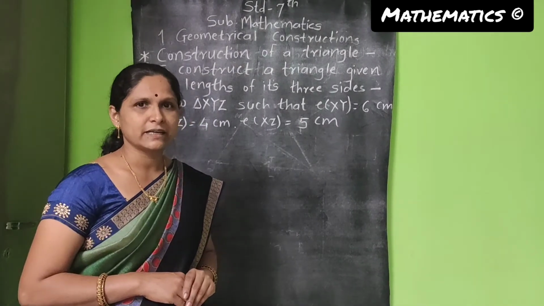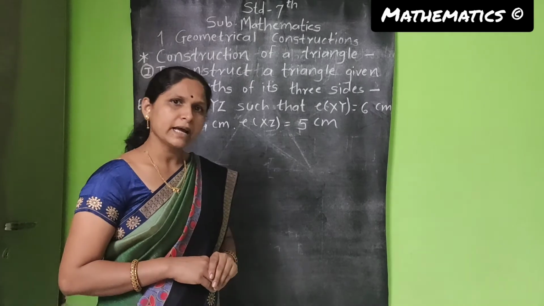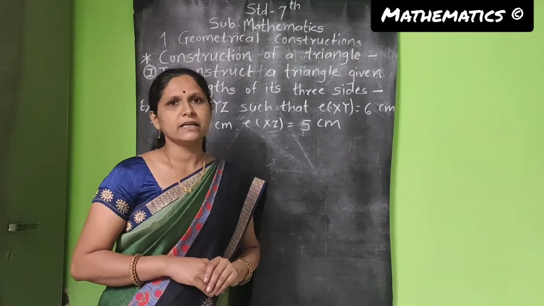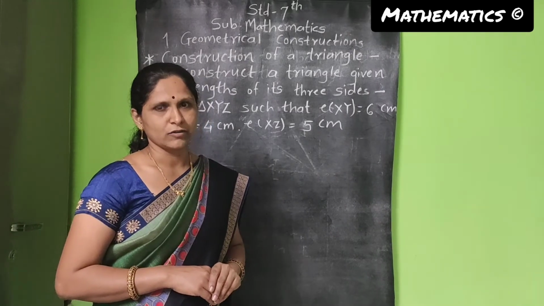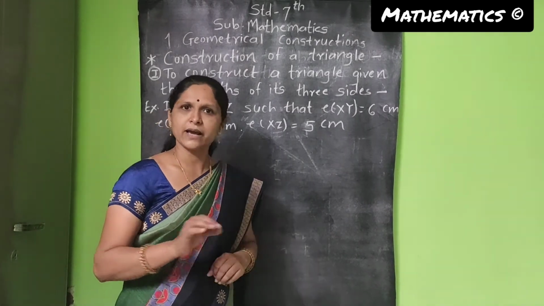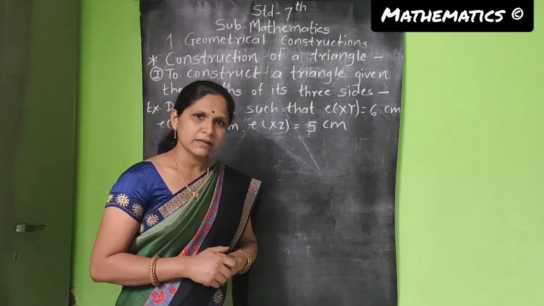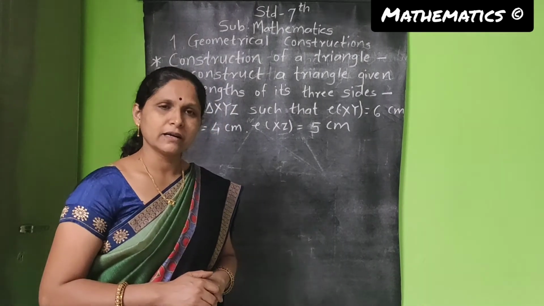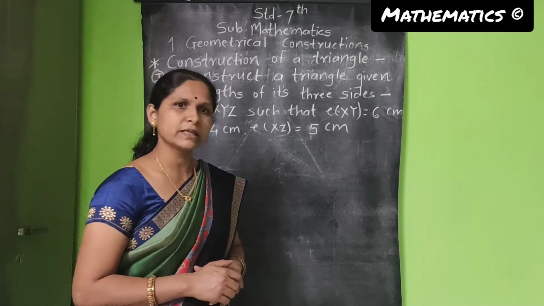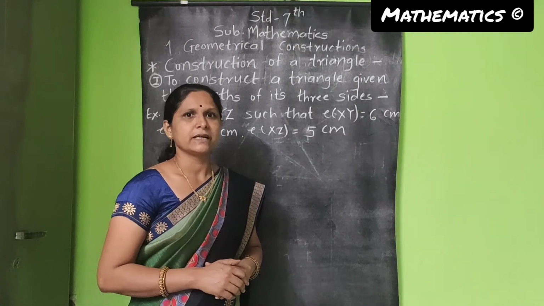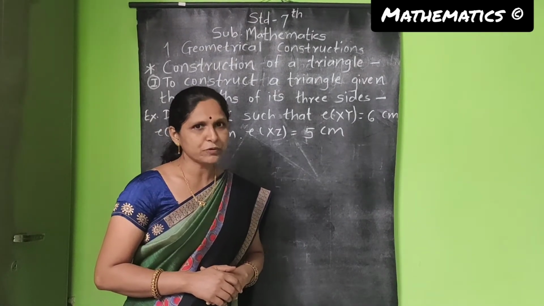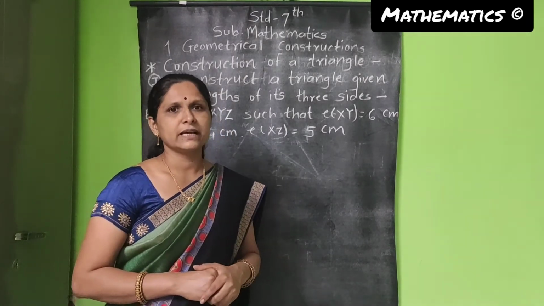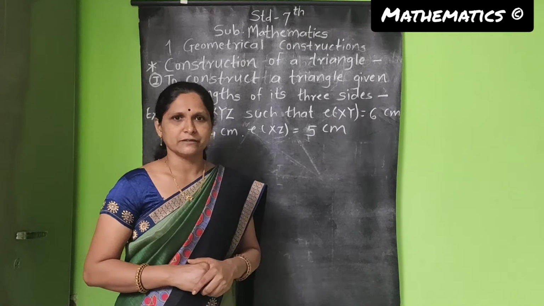Second, right angle triangle: if one angle of a triangle is 90 degrees, then it is a right angle triangle. Obviously, the other 2 are acute angles. And third is the obtuse angle triangle: if one angle of a triangle is more than 90 degrees, that is an obtuse angle, and the other 2 angles are acute angles, then it is an obtuse angle triangle.